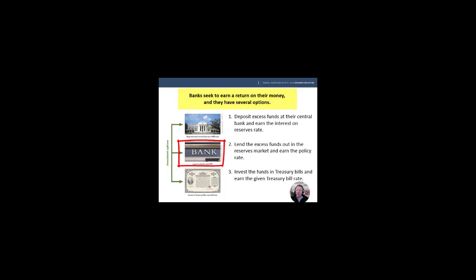They can also lend excess funds to other banks in the reserves market and earn the policy rate, which is the federal funds rate in the United States. They can also invest in treasury bills and earn the treasury bill rate. And all of these options provide banks with an overnight return on their money with very little risk.